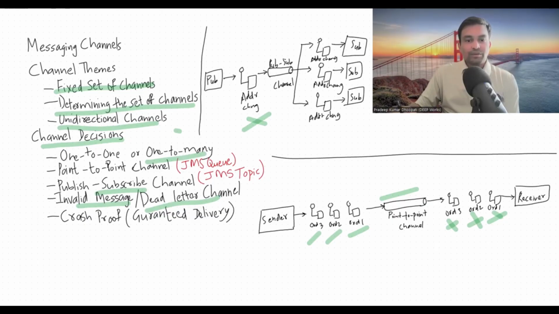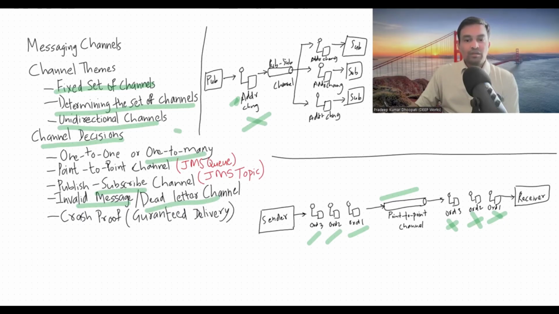And in this scenario, you can opt for a publish subscribe channel, where you publish one address change, and on the publish subscribe channel, you have multiple receivers for the same message. A copy of each message coming on the publish subscribe channel will be sent over to each receiver, so that all the systems that are present will have the updated address.